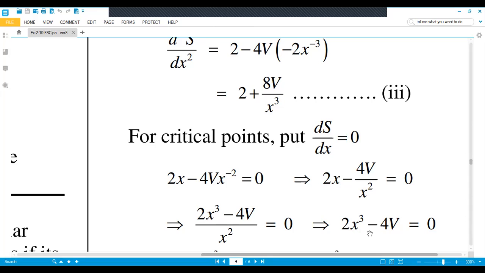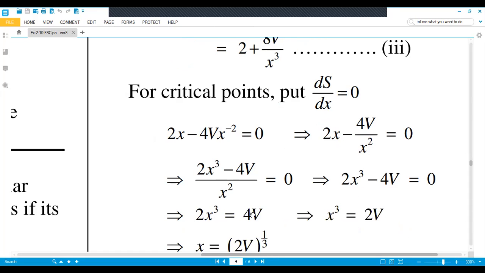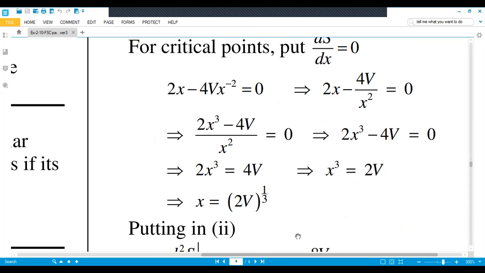So you get 2x cube minus 4V equal to 0. So this 4V is subtracted here, shifted to the other side, it will be positive. Now both sides divide by 2, you get x cube equal to 2V. To find the value of x, what will we do? Taking the cube root on both sides, so x is equal to (2V) power 1 over 3.